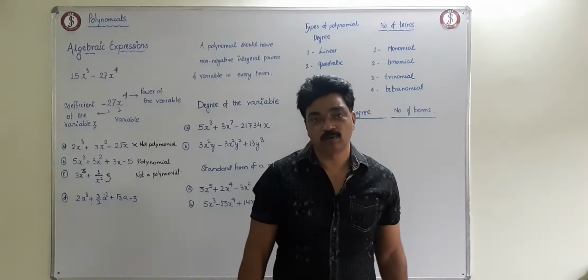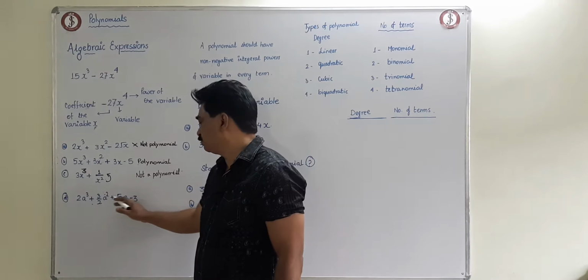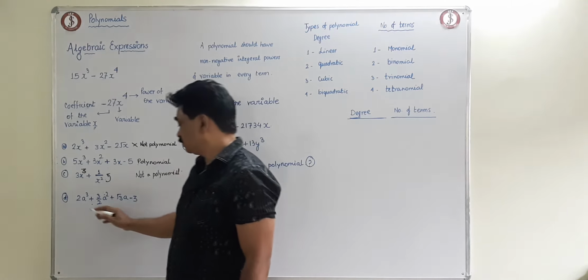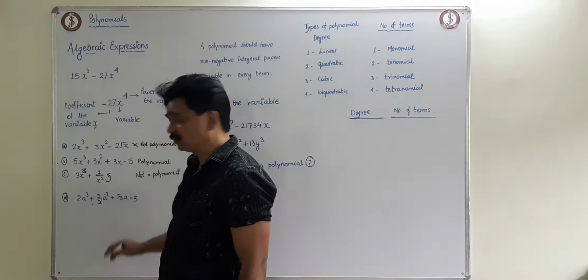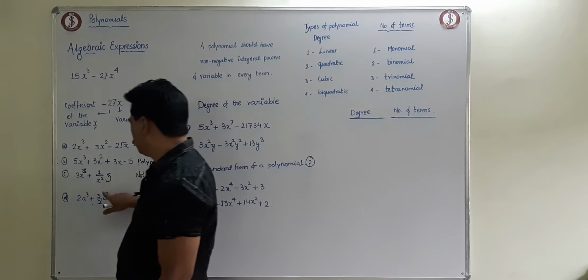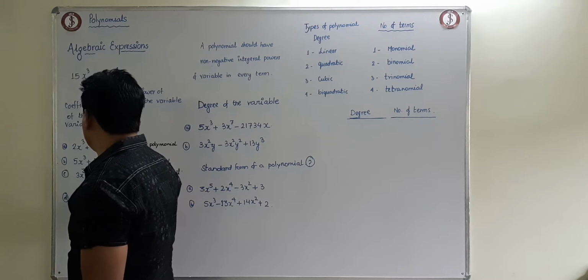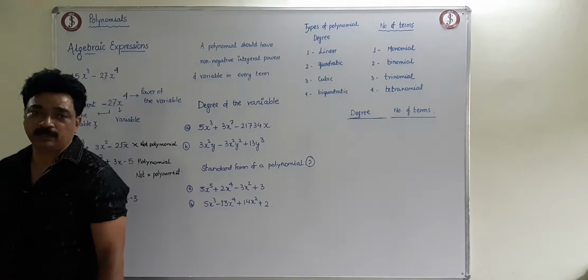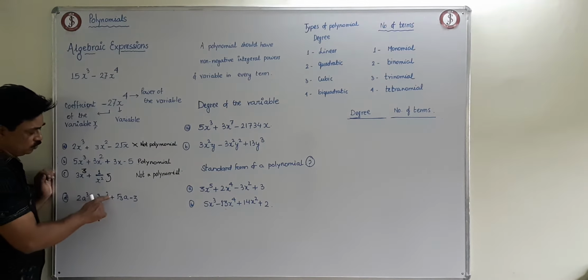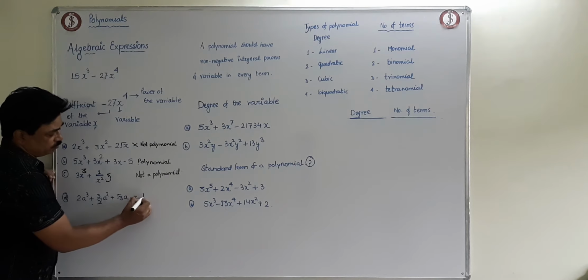Here the powers of the variables are non-negative integers. Also the coefficient can be a fraction or the coefficients can be in root. Only the power of the variable should not be negative. So this is also a polynomial. Once again let us check: 3, 2, 1 and 0. So this is a polynomial.